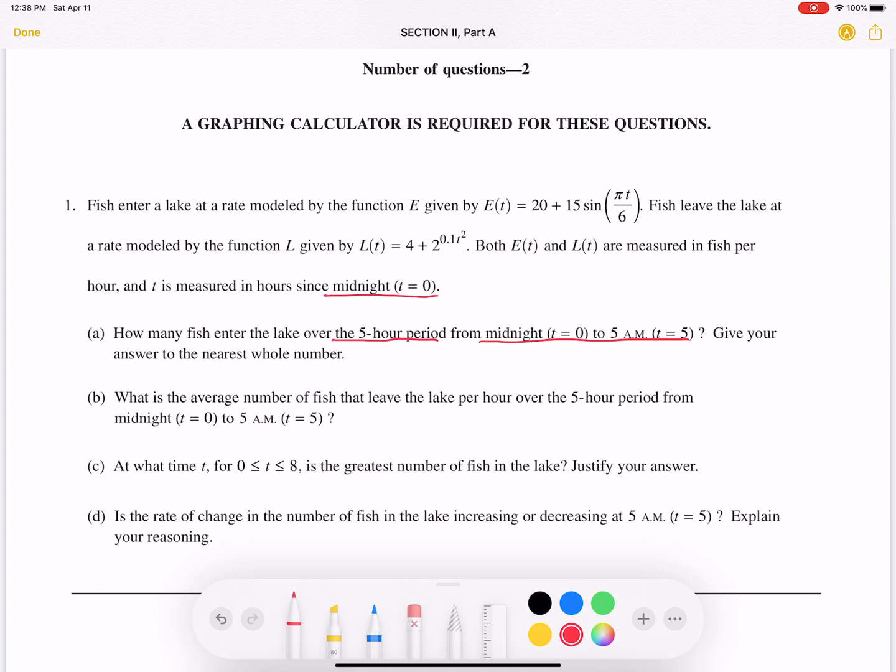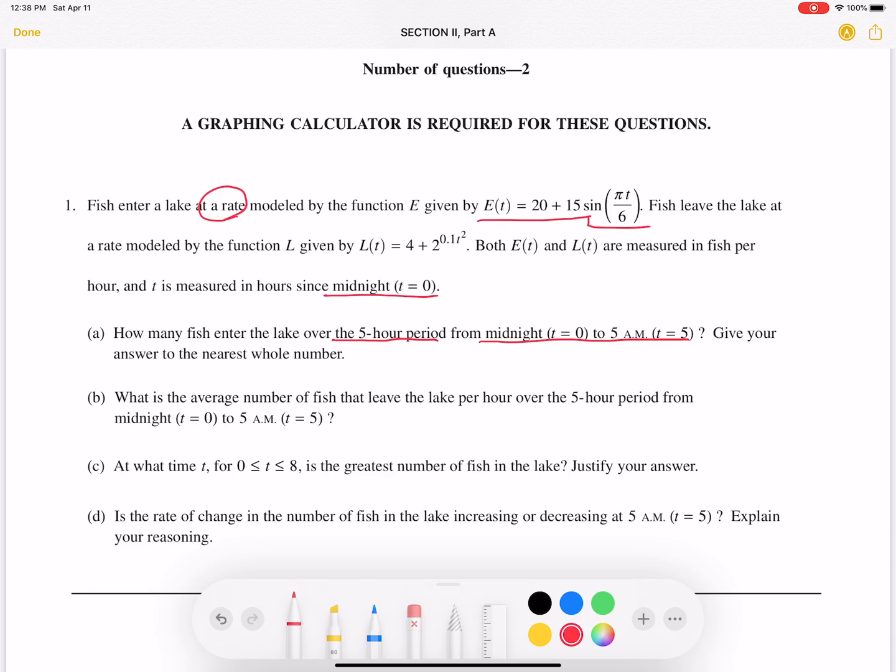So number one, how can you find the number of fish that entered the lake? We know the rate of fish entering the lake is the function E of t. This function is a rate.